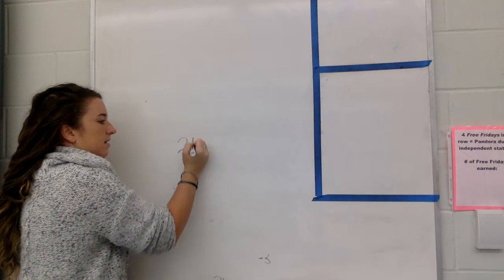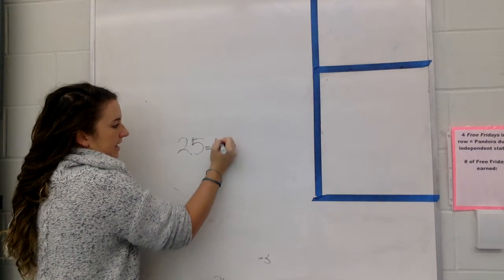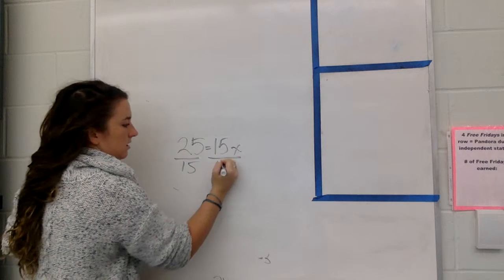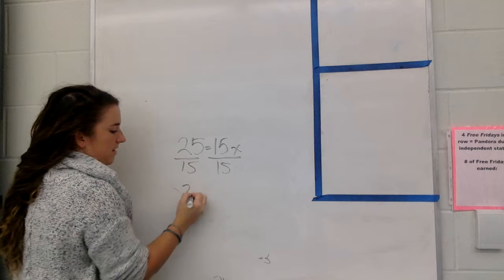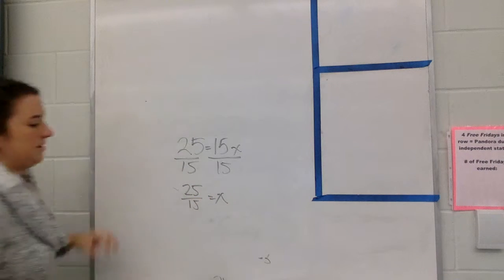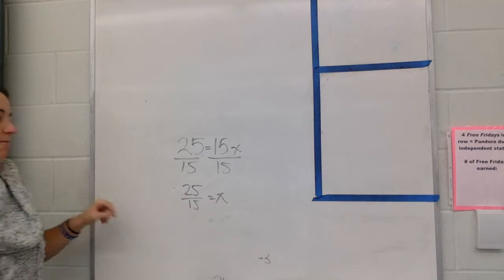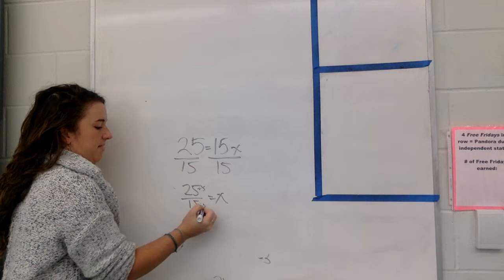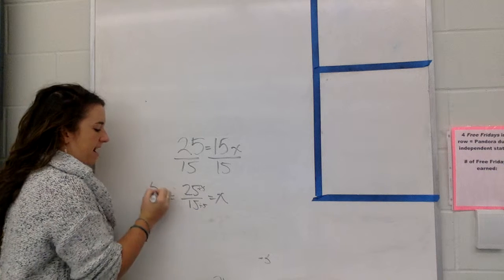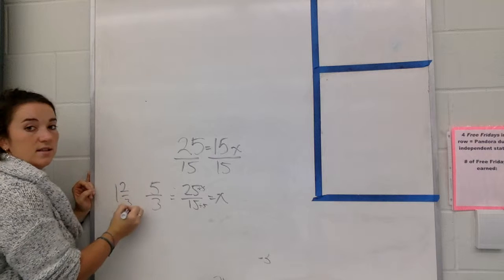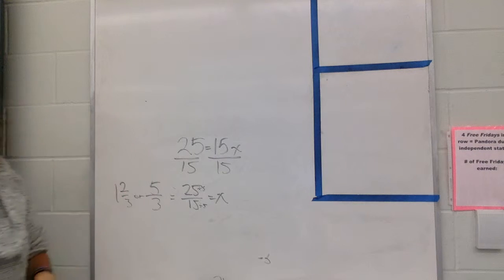Last step is I can divide, and I'm left with 25 over 15 equals x. Simplify this fraction. We can divide by 5 on the top and the bottom. I'm left with 5 over 3, or 1 2/3. And that is your final answer.